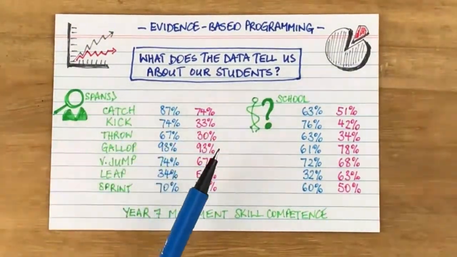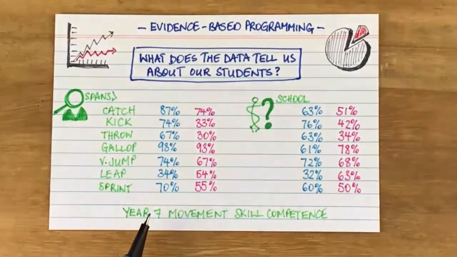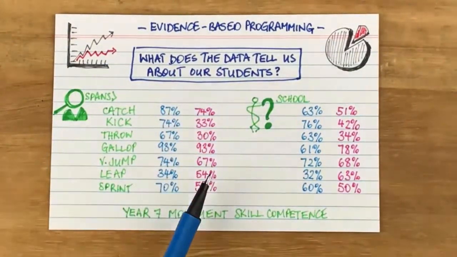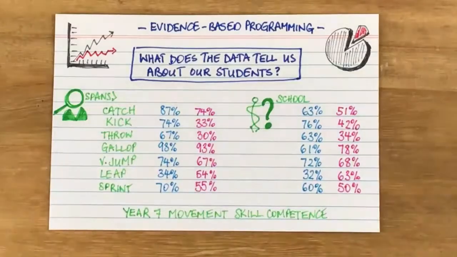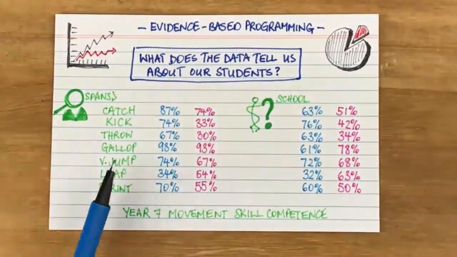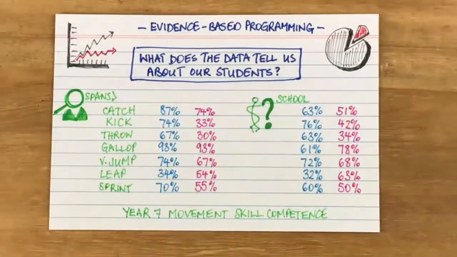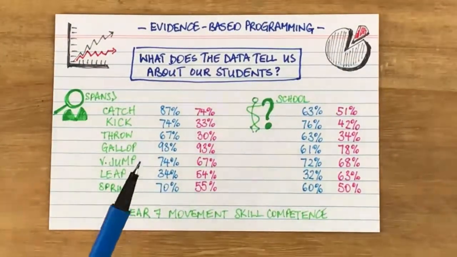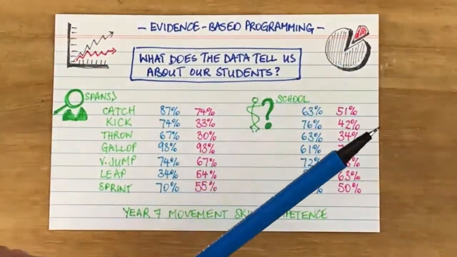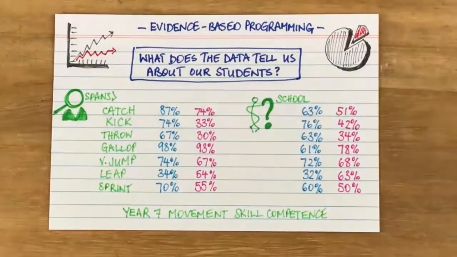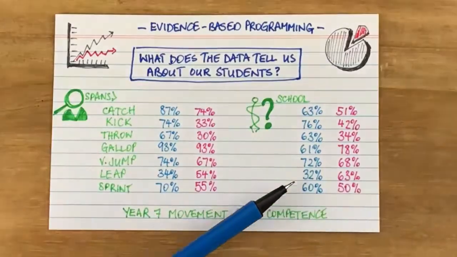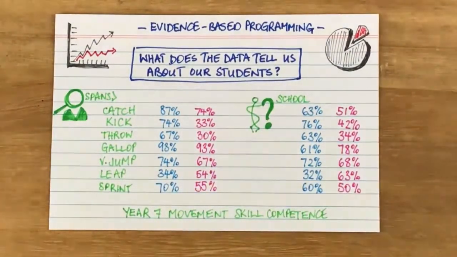And we've got some data here in terms of levels of proficiency for boys and for girls in each of these different skills. So this first column of data is taken from the SPANS report, and then over here you'll see that we've done some testing with a representative group within the school, and we've found some slightly lower scores on average to the SPANS scores.